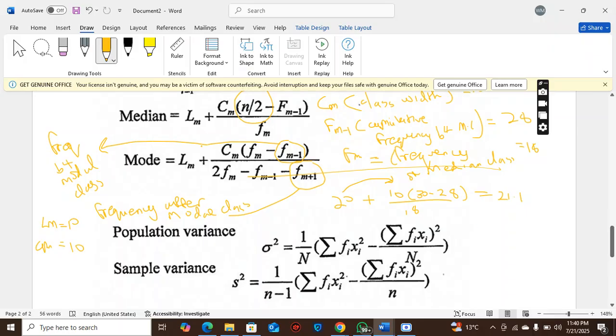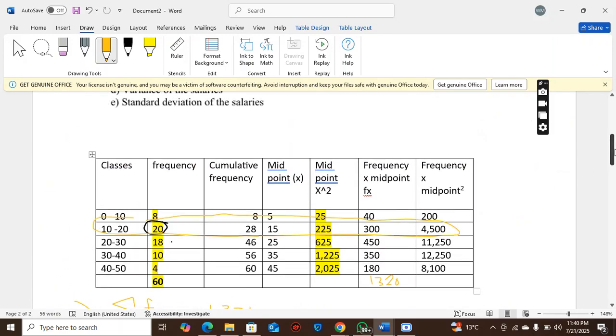And FM, which is the frequency of the modal class, is 20. And FM minus 1, the frequency before the modal class, is 8.